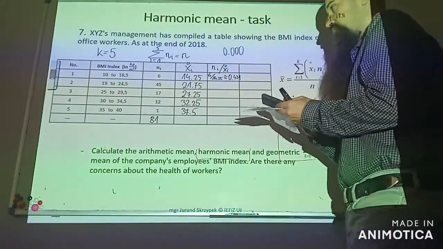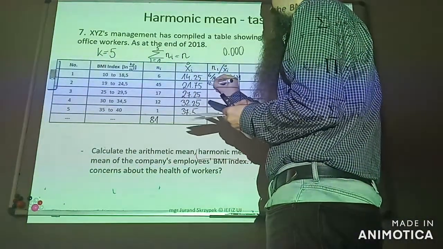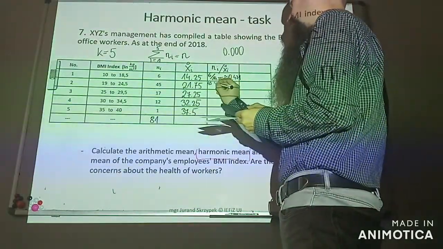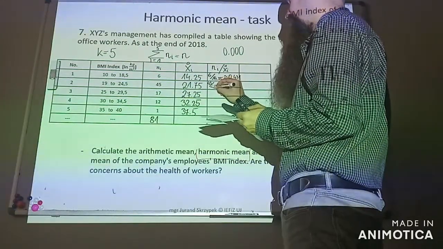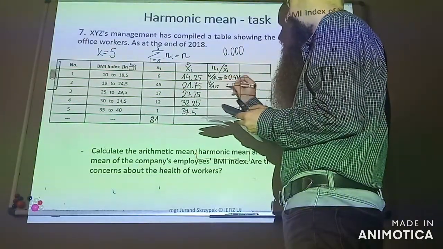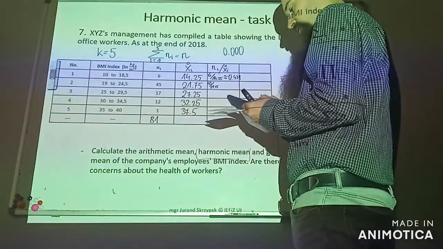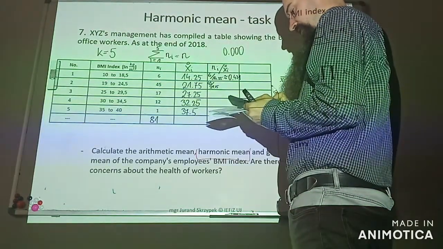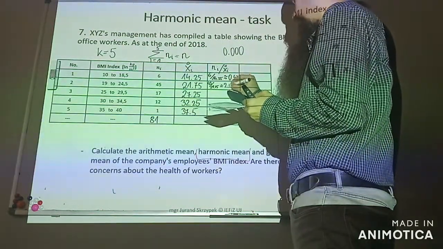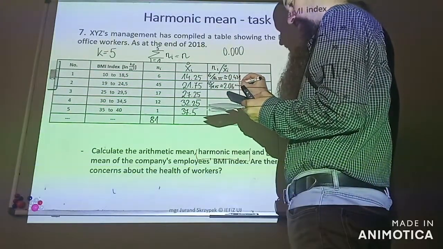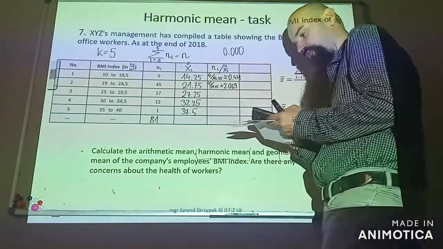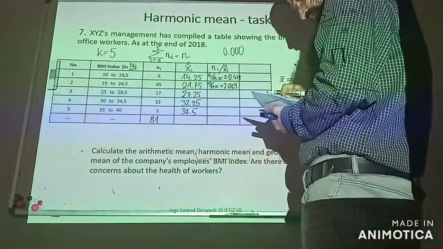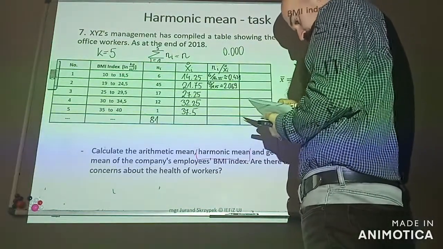In the second class, we have 45 divided by 21.75, and it yields 2.069, and so on.